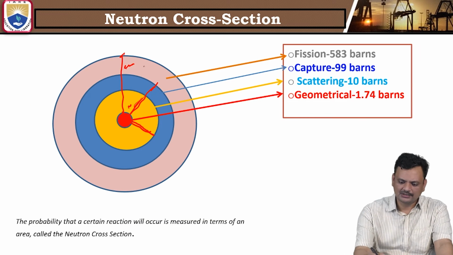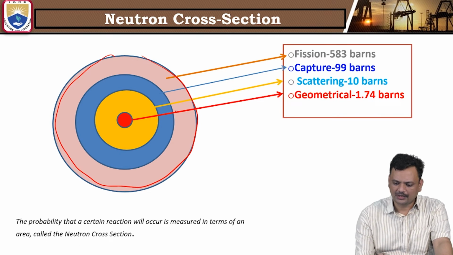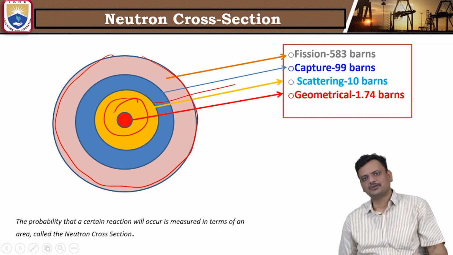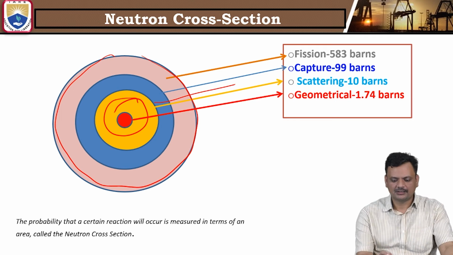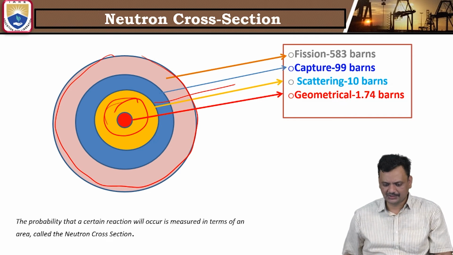Here this is a fission cross section. This is for capture cross section. This is the scattering region. So if you measure this region in terms of barns, this is known as a scattering cross section.